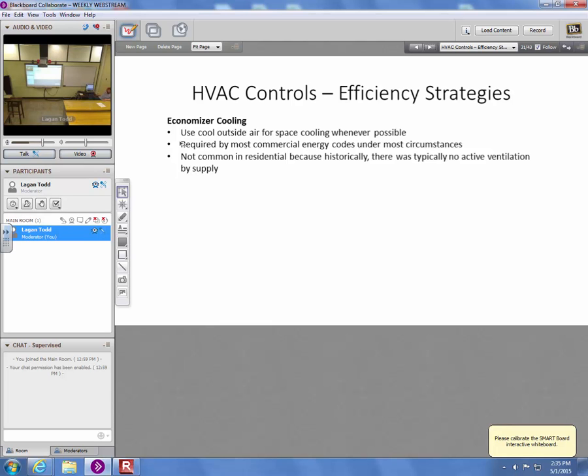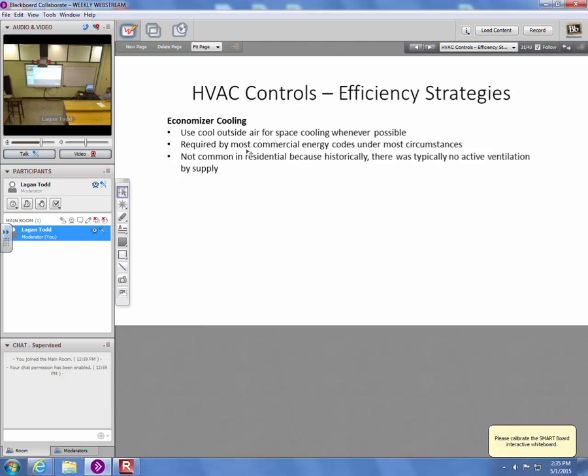It's a good thing, right? It's a lot less energy intensive and therefore less costly way to cool a space than to run compressors on an AC system or run a chiller or something like that. So the concept is you need an outside air temp sensor and you need a return air temp sensor or a space temp sensor.